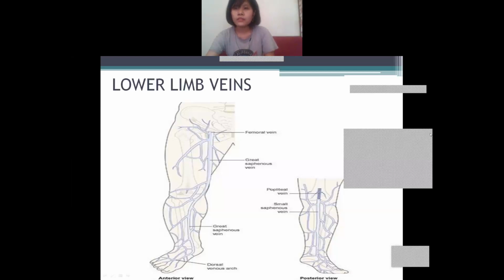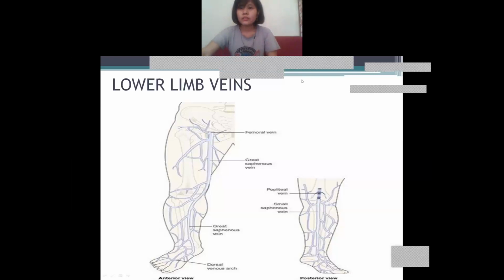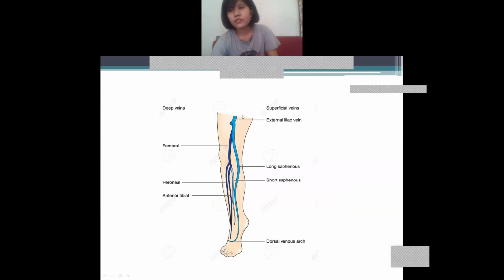What are the two types of veins that you will find in the superficial veins?